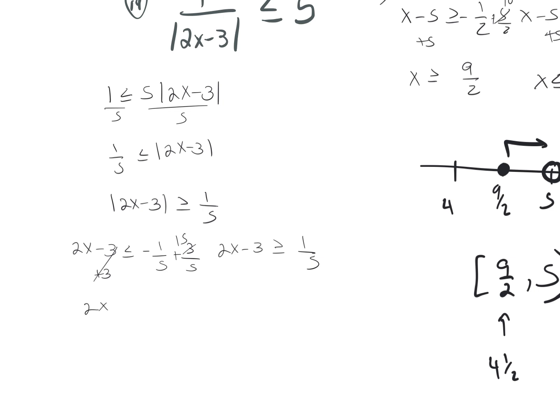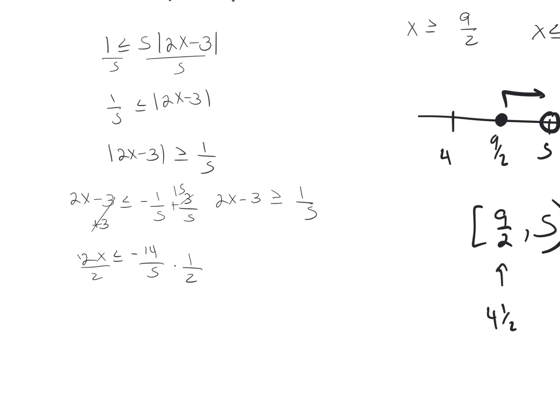So it's 2x is less than or equal to negative 14/5. Now I'm going to divide by 2, which is the same thing as saying multiplying by a half. So I'm going to get x is less than or equal to negative 7/5. Sorry, positive 7/5. That 15 made it positive. There we go. Positive 7/5.